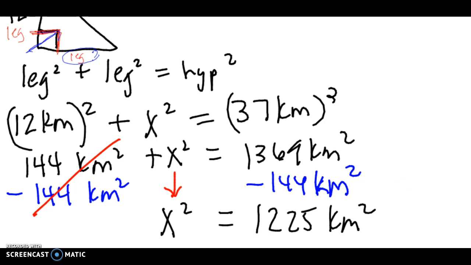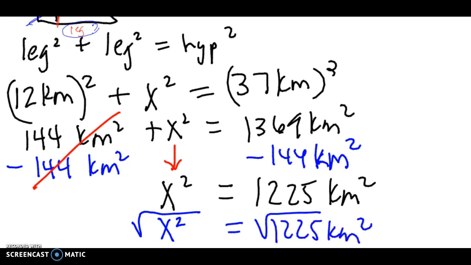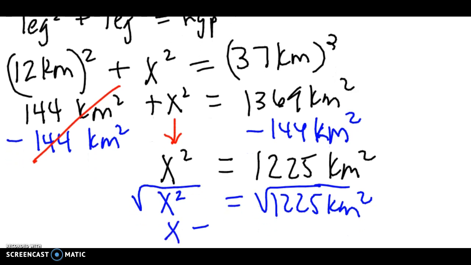So we will take the square root of both sides. And we find that the length of the missing side in this triangle is 35 kilometers.